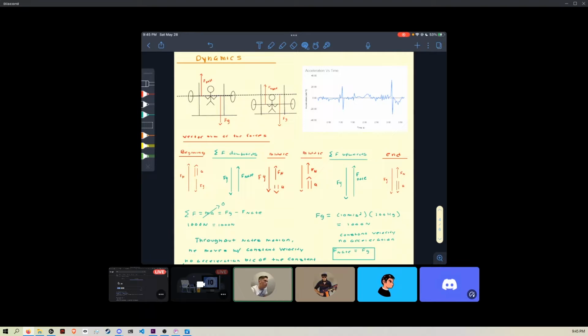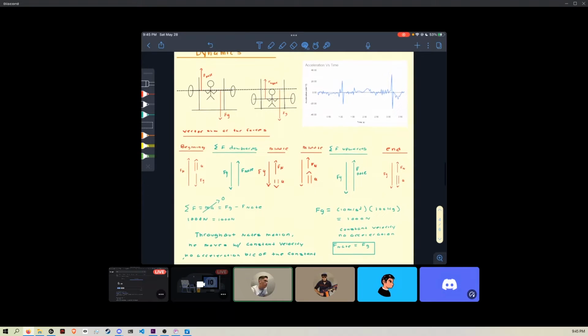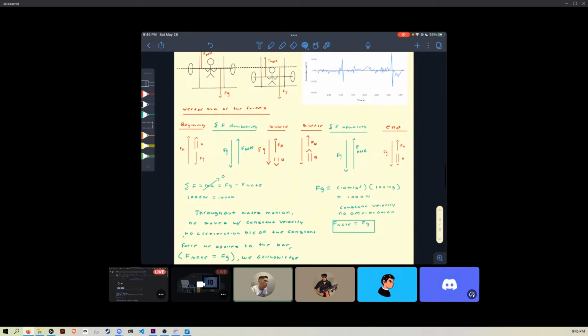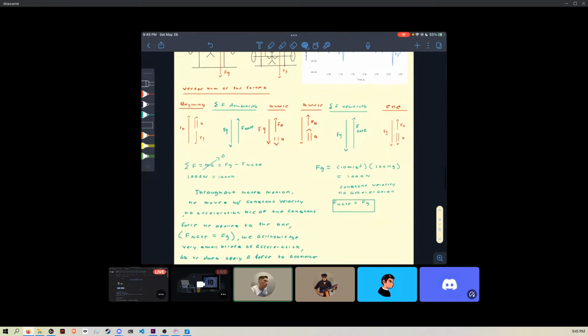However, we do acknowledge that in instantaneous moments, between the rest at the top of the motion into the constant velocity, and slowing down from the motion downwards into rest and back up into a constant velocity upwards, as well as at the end of the motion, there are moments of acceleration downwards and upwards in which one force is prevailing, whether it's the force of Nate or the force of gravity.